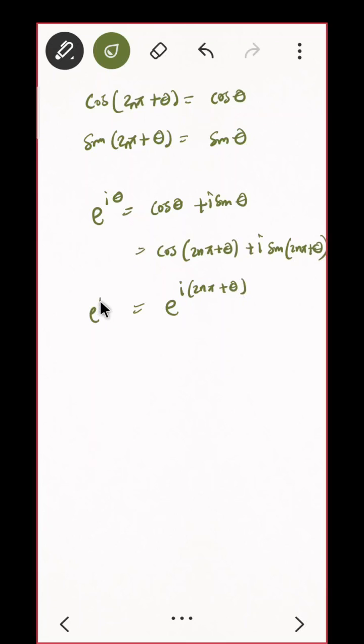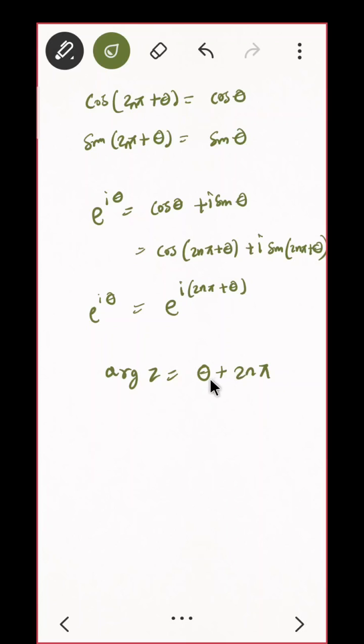So e raised to i theta. Do you see, theta and 2n pi plus theta are both the same? That means you have infinitely many thetas. Your argument of z is theta plus 2n pi. Correct? So infinitely many thetas.